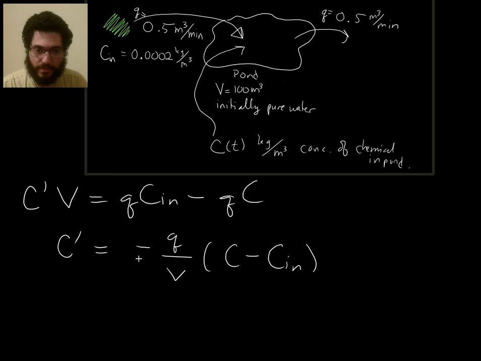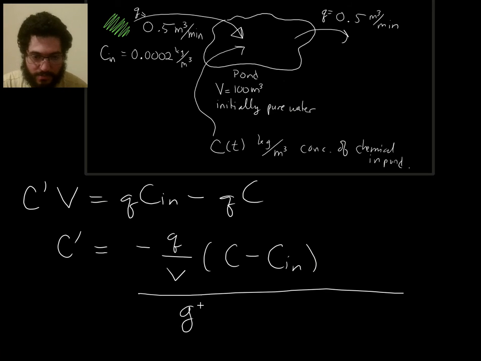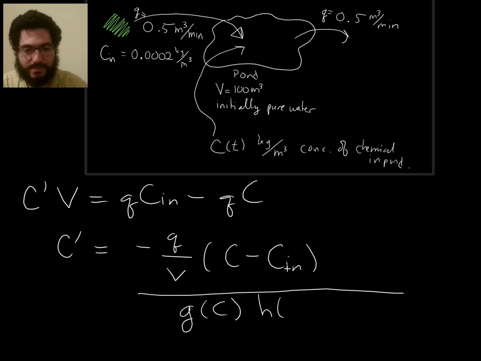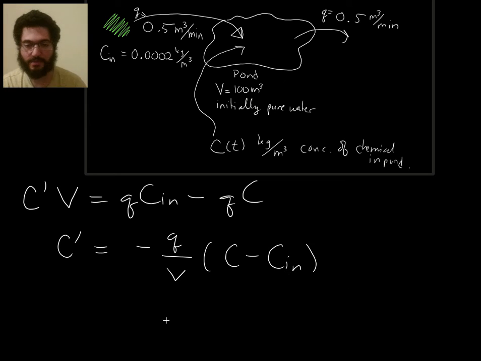But even if there were little t, that wouldn't necessarily be a problem. For it to be separable, I need the right-hand side to be some function g of c times some function h of little t. And I have that. In fact, I have just this nice function of c. So it is separable. In fact, it's already separated.